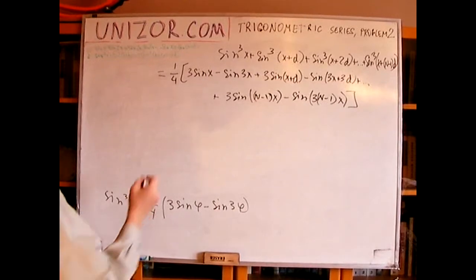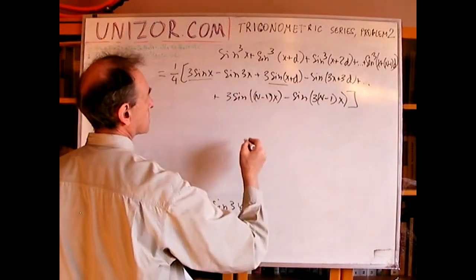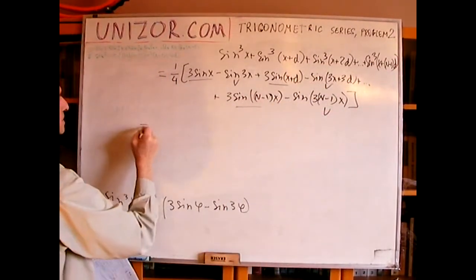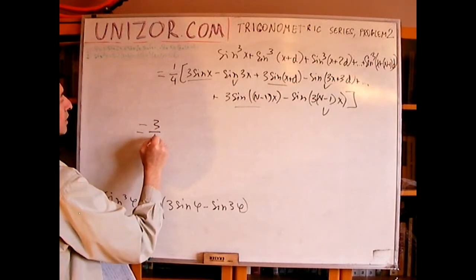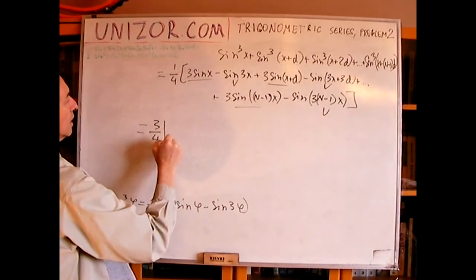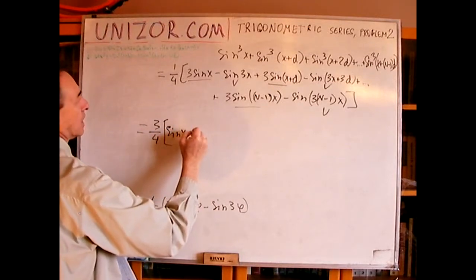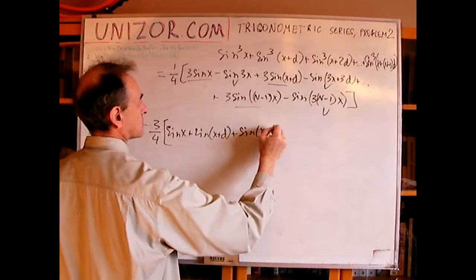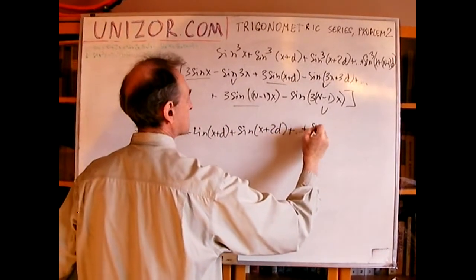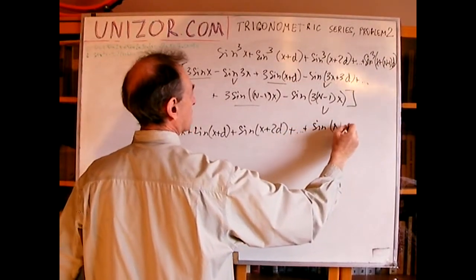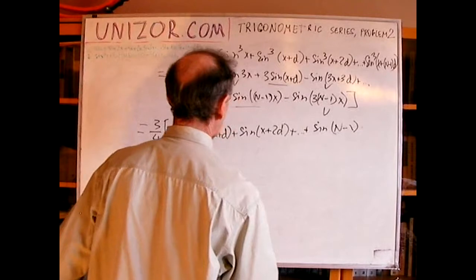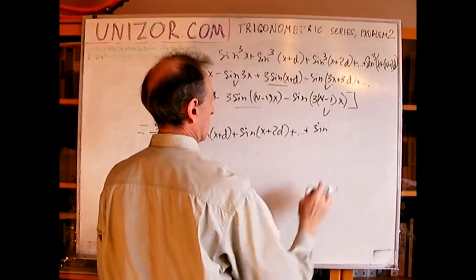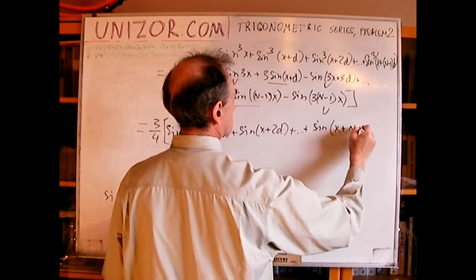Now, as you see, I can separate these guys from these guys and have basically two different things. One is 3/4, this is 3 and this is 4, right? Of sine x plus sine x plus d plus sine x plus 2d plus etc. plus sine of x plus n minus 1 d.